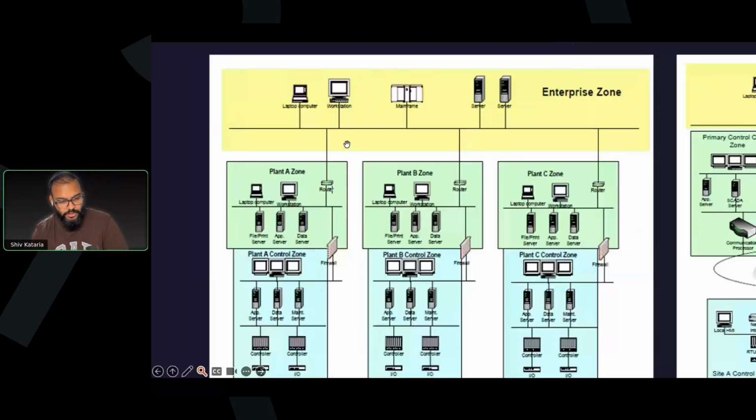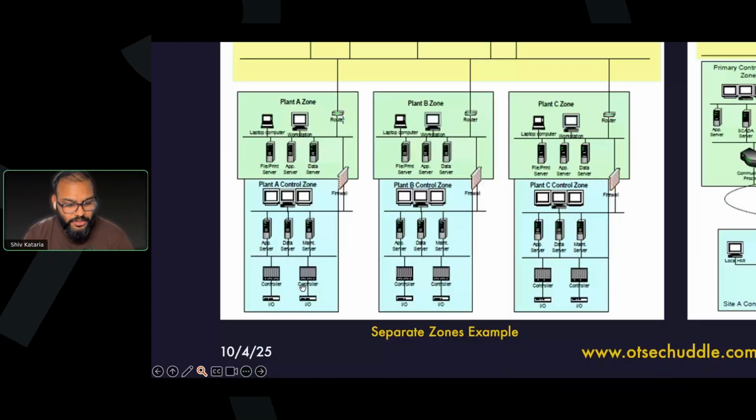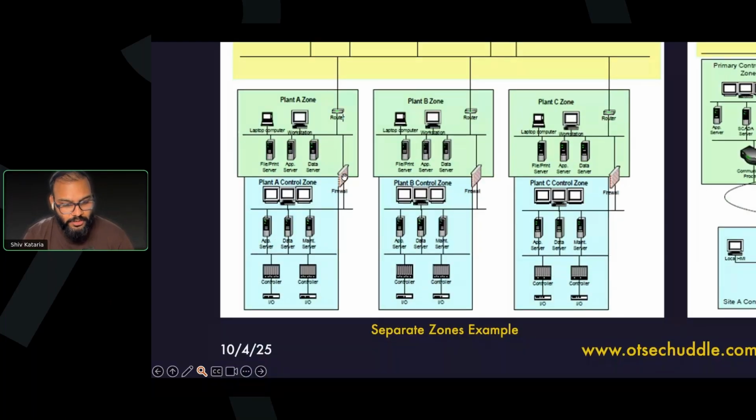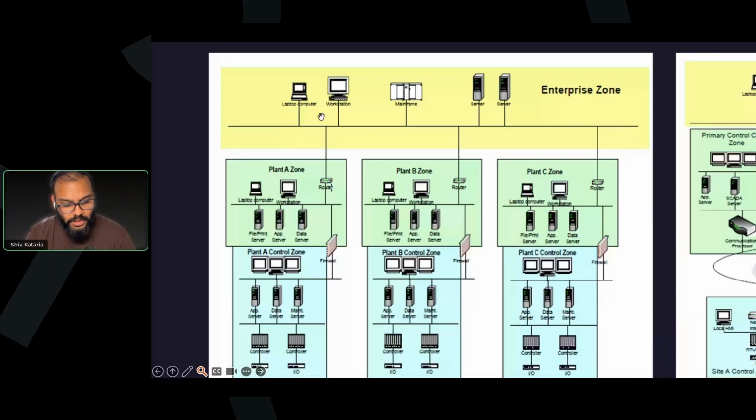It could become one zone. Then there is a plant zone, which you are seeing in green. And below the plant zone, there could be a control zone. You can see that these two zones are connected through a conduit. At the top tier, there is network connectivity through this router. In the bottom tier, you see there is a firewall sitting in between. So these are basically logical groupings of assets which are designed to function for a specific ICS requirement.